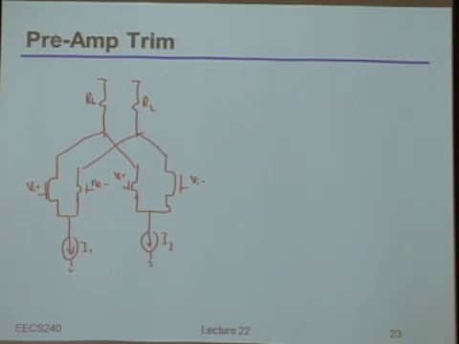But now notice, if I take some of the bias current from here and feed it to there, now it's as if I have a bigger device on the VI minus side. Right? And in particular, if I took all of the bias current and fed it over here, now I have this weird looking circuit where I have a really big device on one side and a really small device on the other, which clearly would push my offset towards the VI minus side.